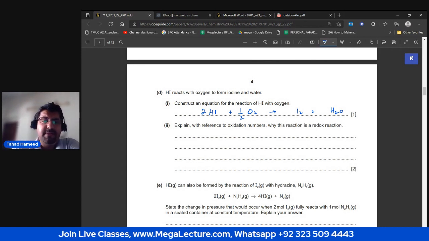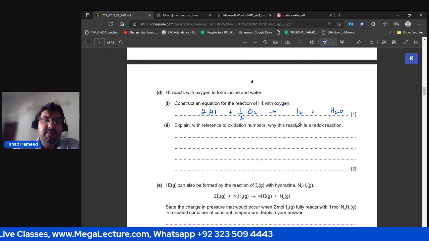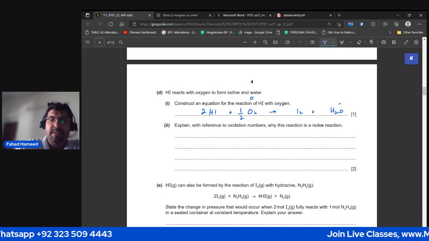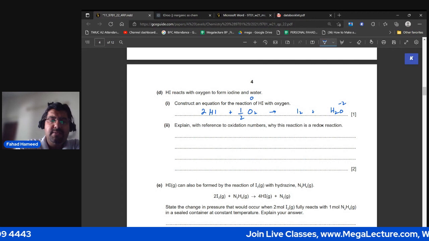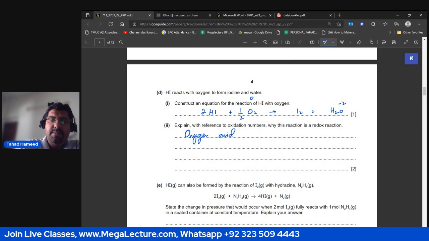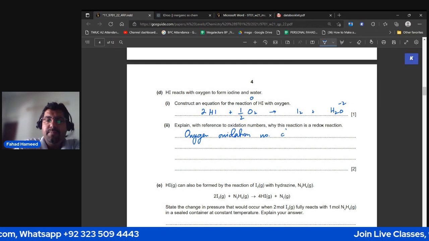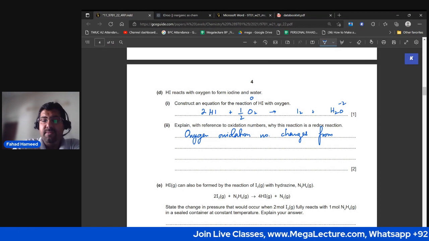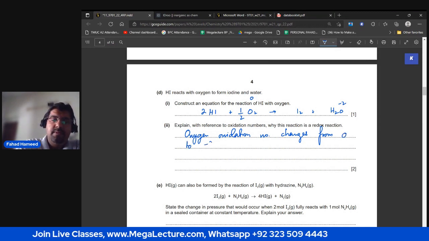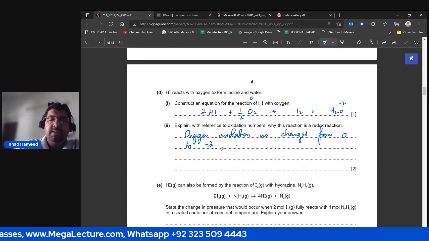Yep, it looks fine. Explain with reference to oxidation number why the reaction is a redox reaction. So I mean, just quote the oxidation number. Oxygen goes from 0 to -2. So the oxygen oxidation number changes from 0, because in elemental form it's 0, to -2. So which means it got reduced.